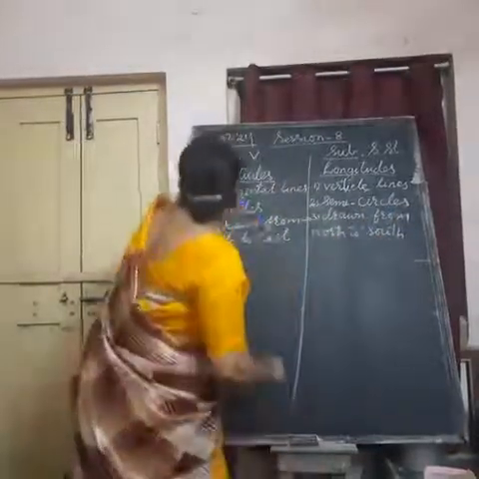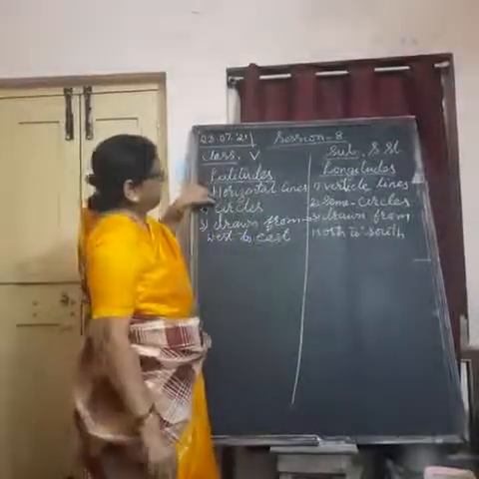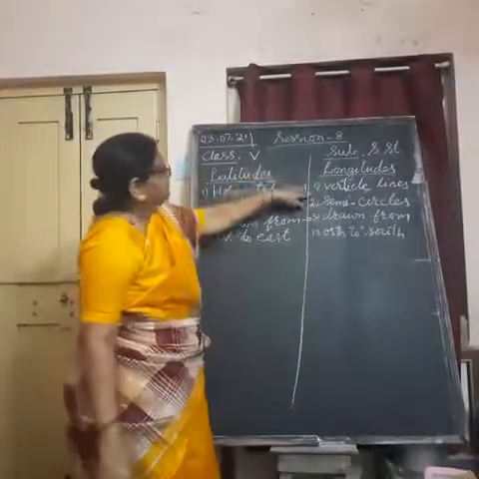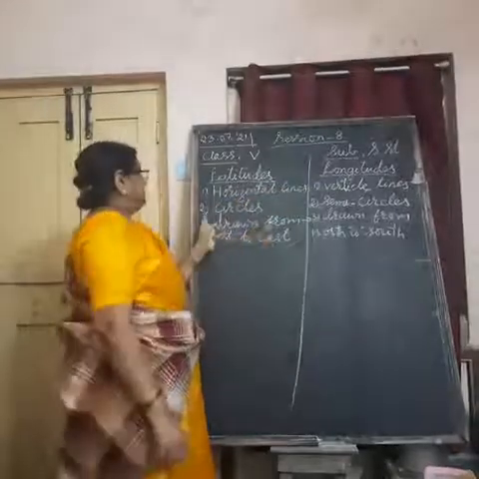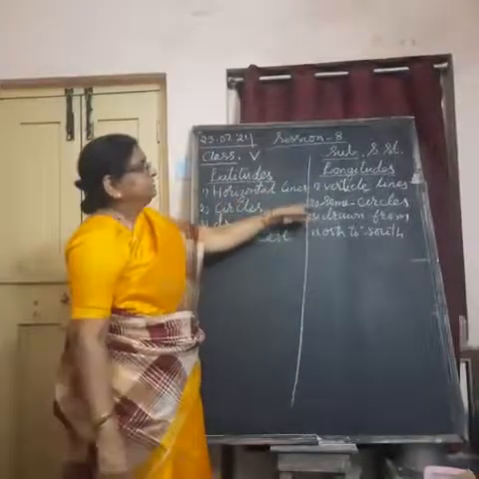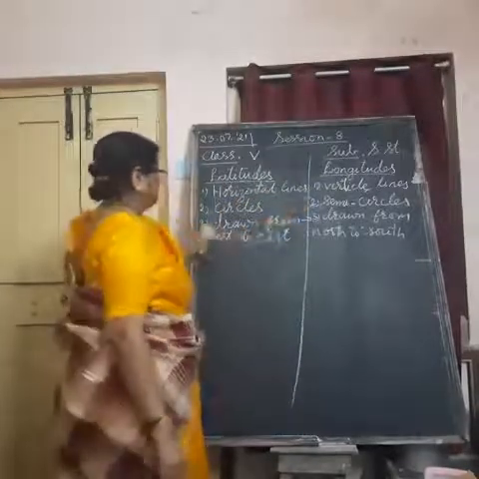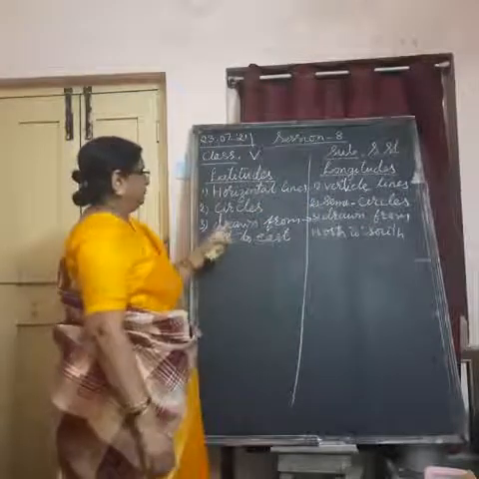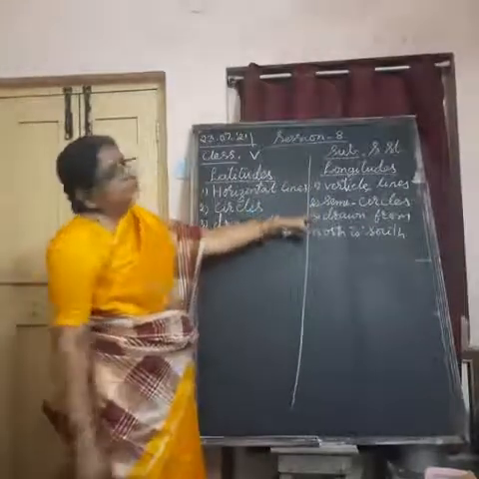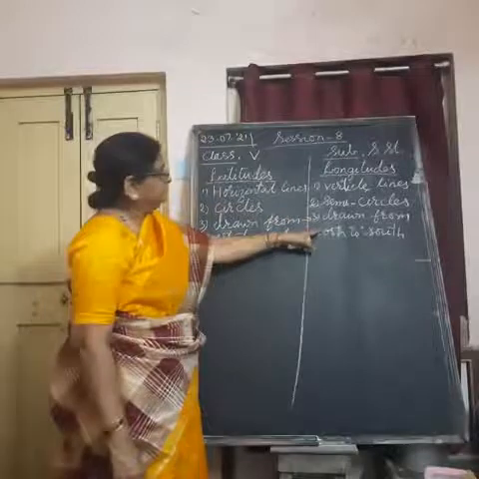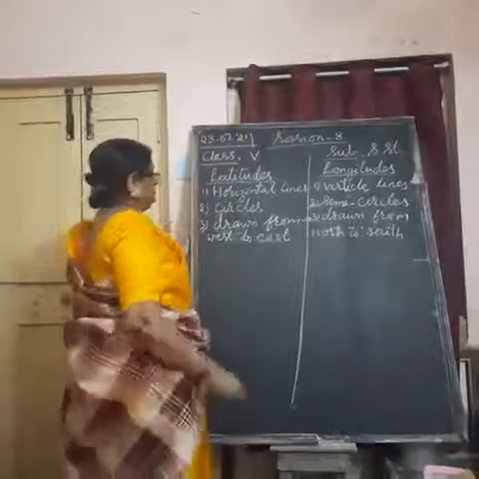So, latitudes are horizontal lines, whereas longitudes are vertical lines. Latitudes are circles, longitudes are semicircles. Latitudes are drawn from west to east and longitudes are drawn from north to south.